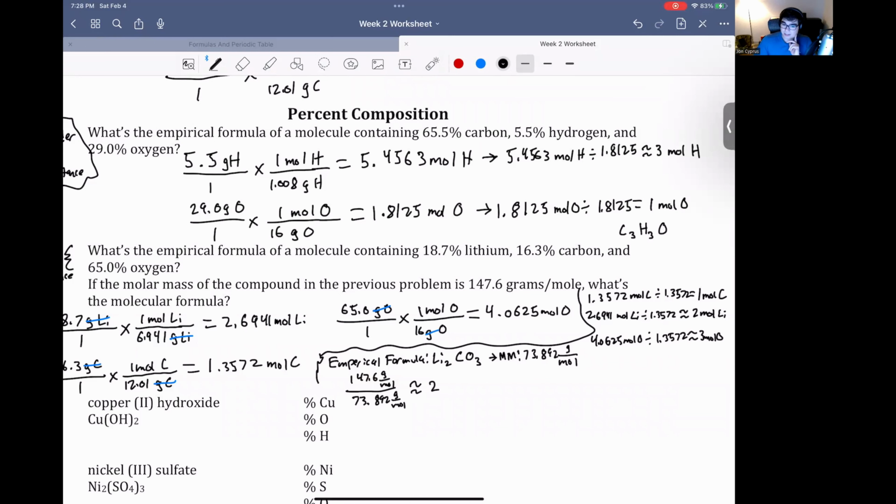So what this tells us is that my molecular formula is 2 times the empirical formula.